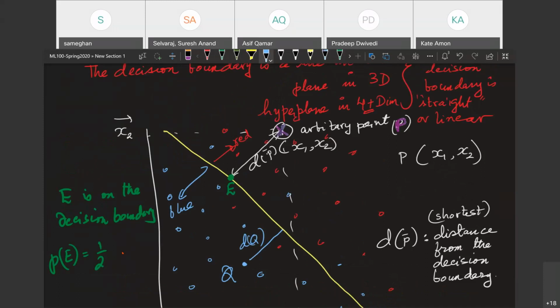DQ is negative by convention because you take one direction to be positive and the other direction to be negative. So you say that DQ is less than 0.